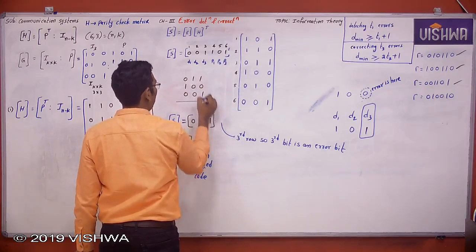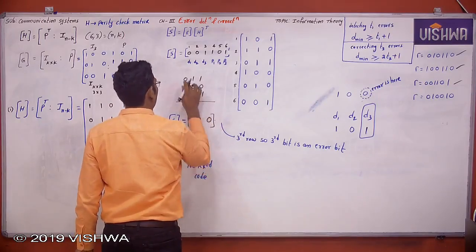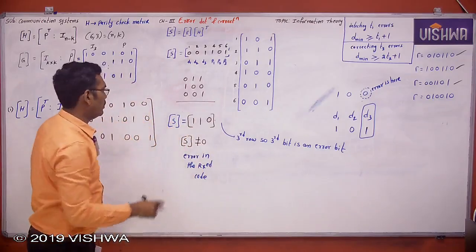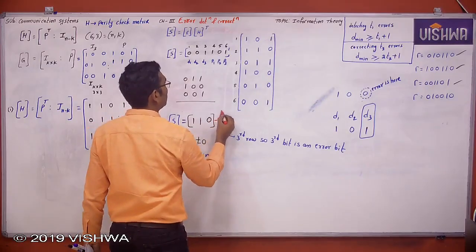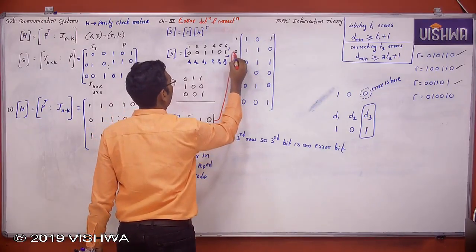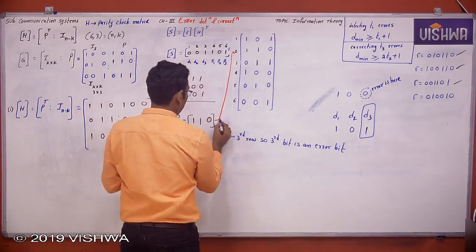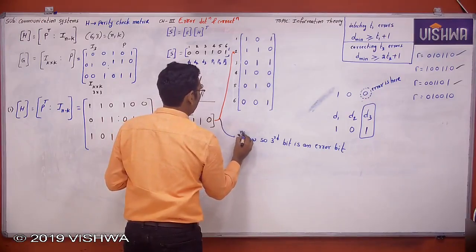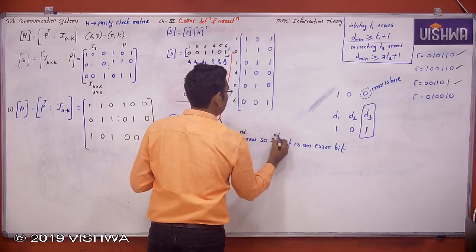So the exclusive OR operation gives 1 1 0. So not equal to 0, error in the received code. Now 1 1 0 is the second bit position. Therefore, this is nothing but the second row. So the second bit is an error bit.